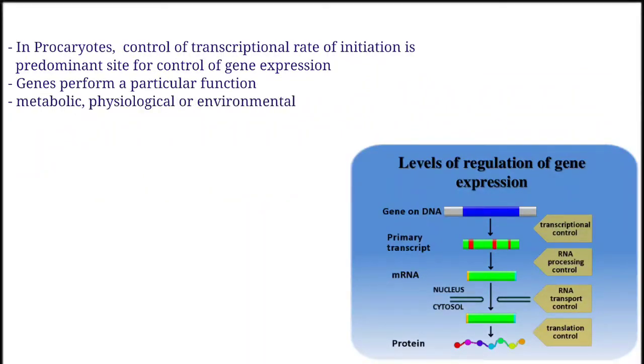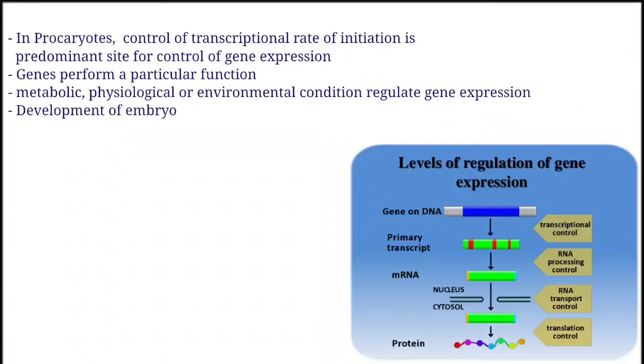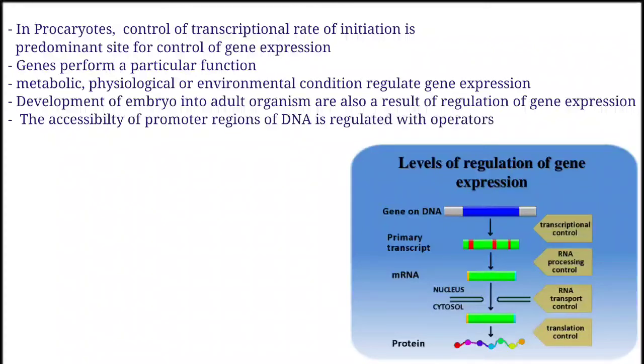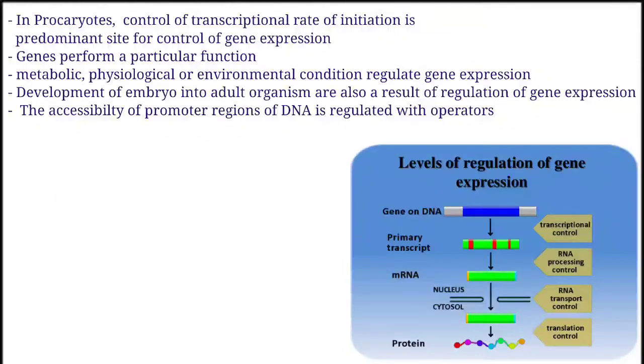So the metabolic, physiological or environmental conditions regulate the expression of genes. The development and differentiation of the embryo into an adult organism are also the result of coordinated regulation of expression of several sets of genes.